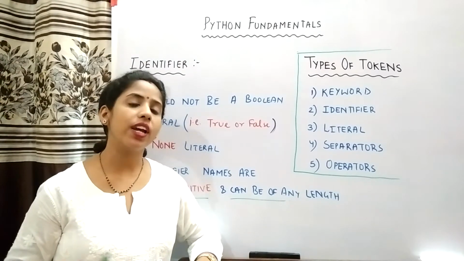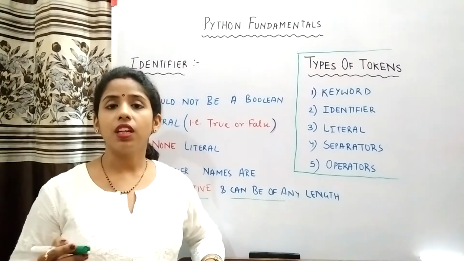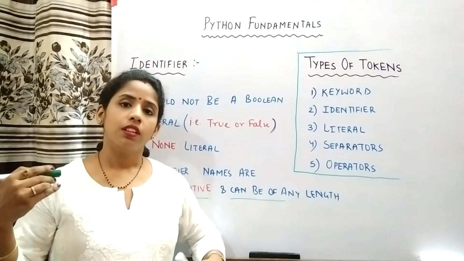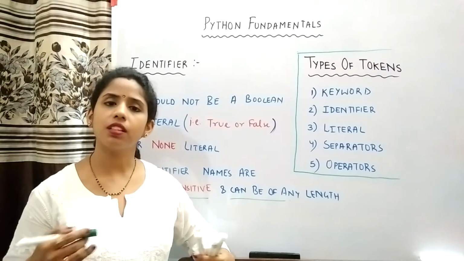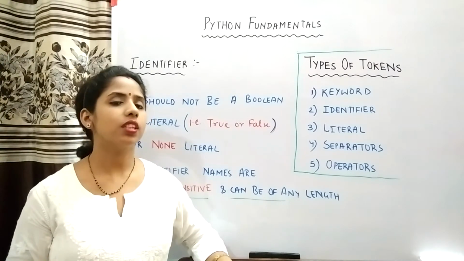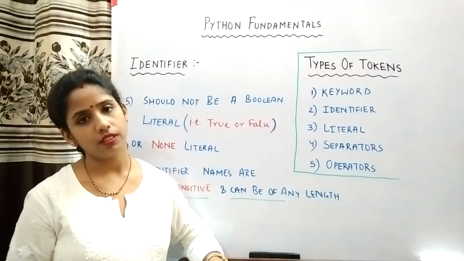It is advised that you keep the name of an identifier meaningful, but it is just advice. If you don't follow this advice, then it's perfectly okay. You can keep any name for your identifier.